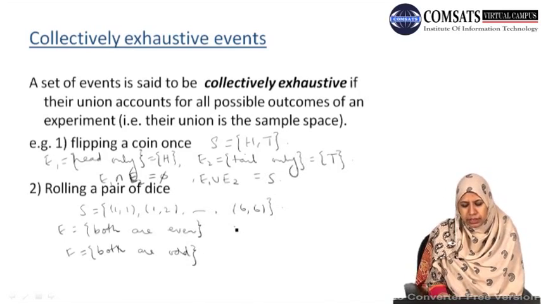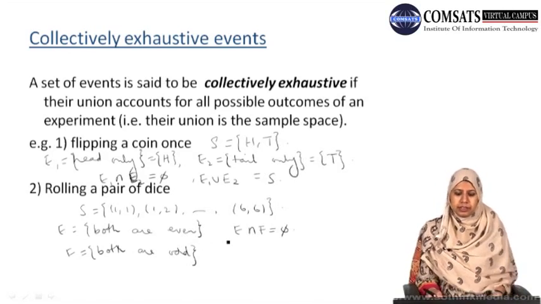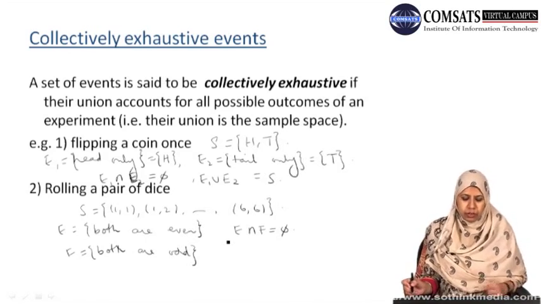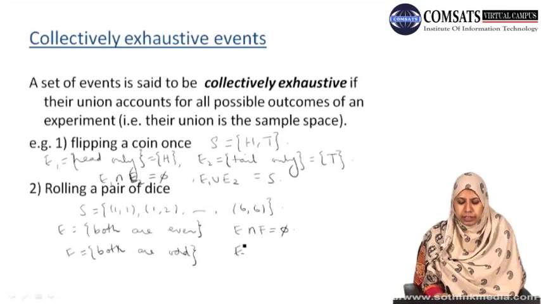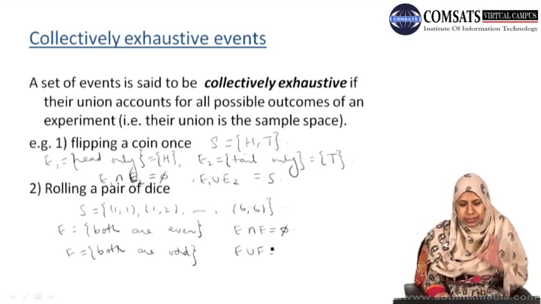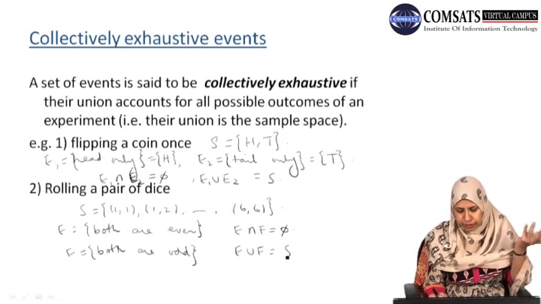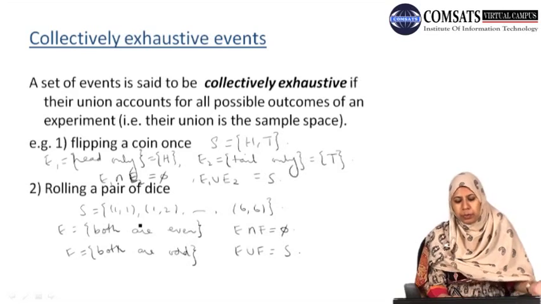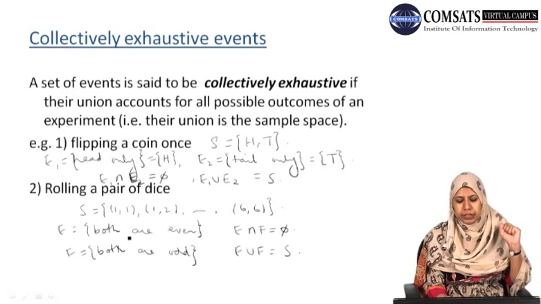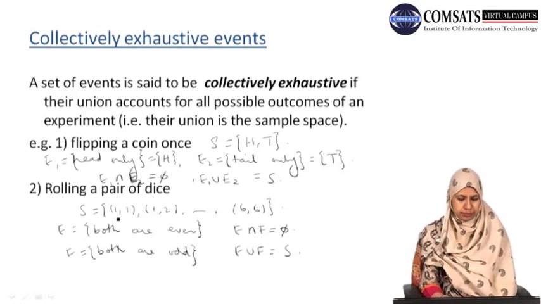Then we have already seen that these two events are mutually exclusive, that is, they have nothing in common. And are they collectively exhaustive as well? That is, does the union of these two events give us the whole sample space? Yes. If we take the union of these events, we obtain our original sample space. So these two events are mutually exclusive as well as collectively exhaustive.